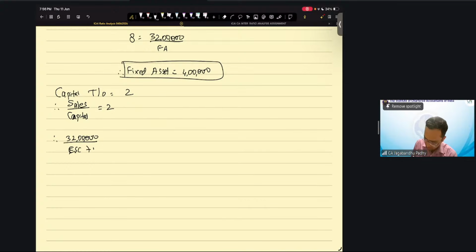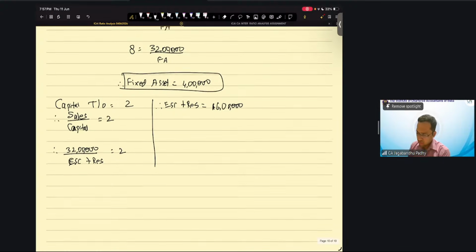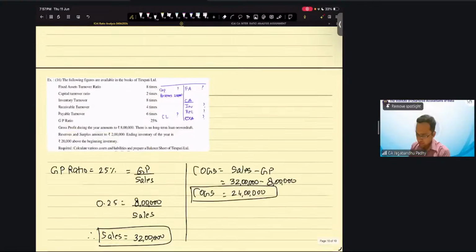So equity share capital plus reserves is 2. Therefore, equity share capital plus reserves is 32 lakh by 2, which is 16 lakhs. So capital, you can say share capital plus reserves. Also net assets you can use. So equity share capital plus reserves is 16 lakh.